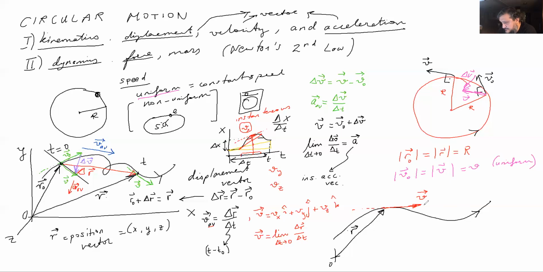I can give you a general idea of what direction it can be based on this picture over here. Remember what delta V is doing here? Delta V is pointing this way, and I'm dividing delta V by delta t and then taking delta t close to 0. Well, that limit will not really have an effect on the direction. Same thing over there, delta V divided by delta t, which is the average acceleration direction, this way.